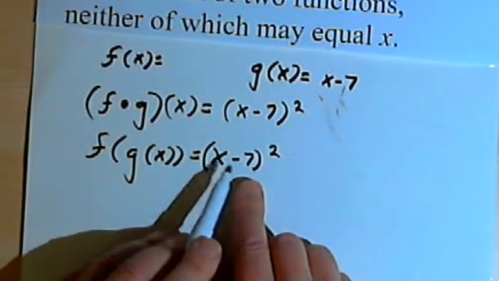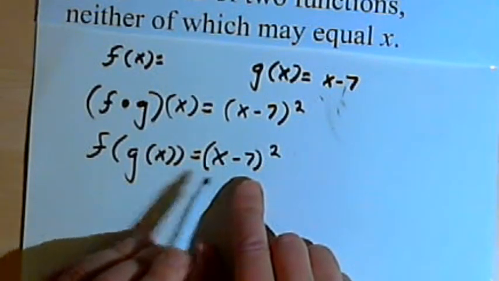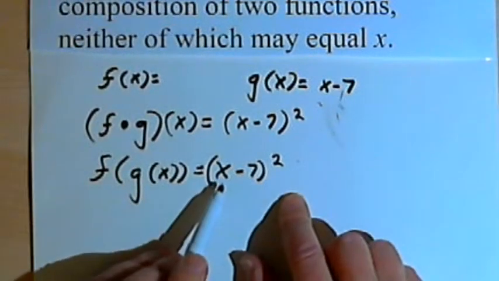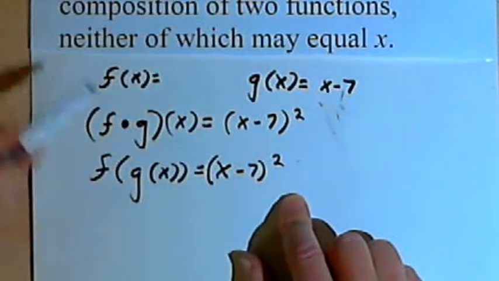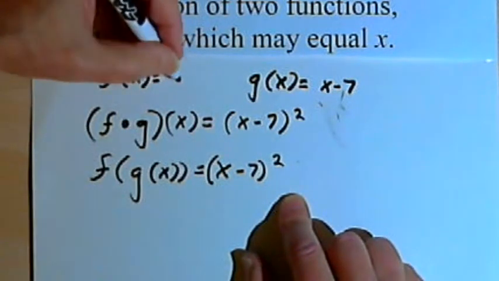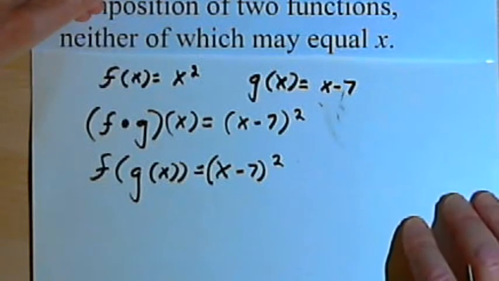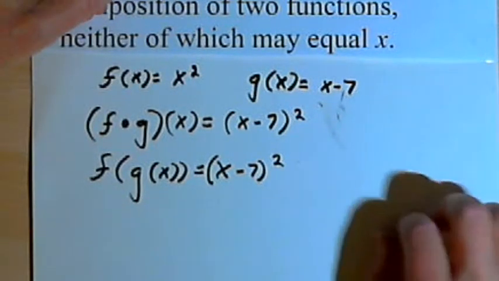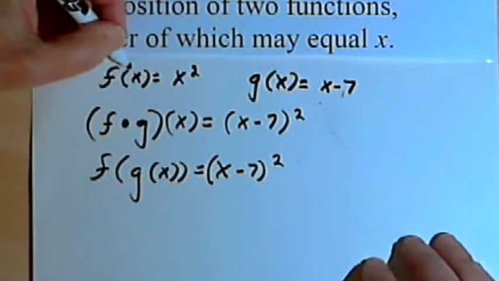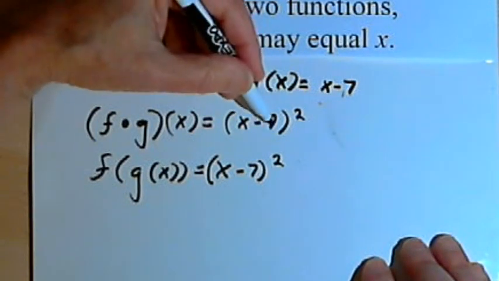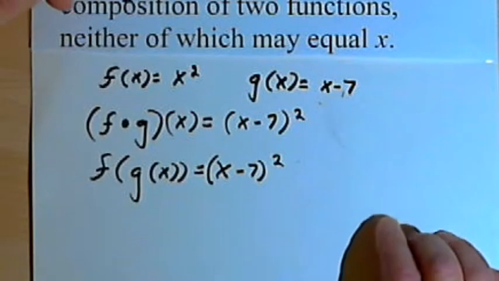What happened after we got to that x − 7 was what the f function did. And the f function squared the x − 7. So the f function must be a squaring function. In other words, f of x would equal x². Okay, so it looks like these should be the two functions that we're going to compose to get (x − 7)². Let's see if that works.